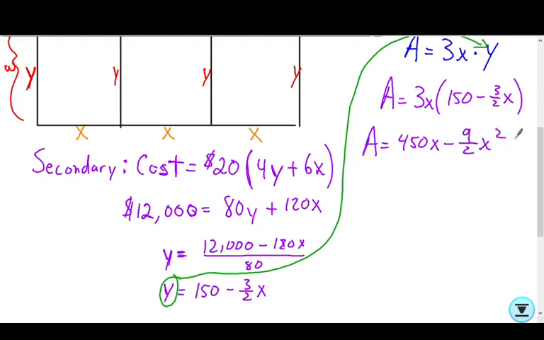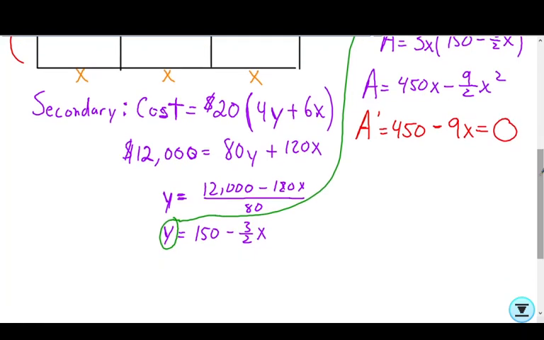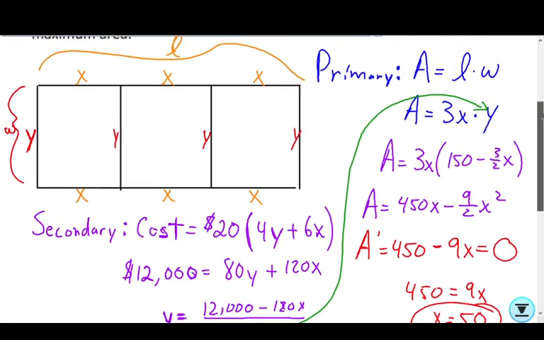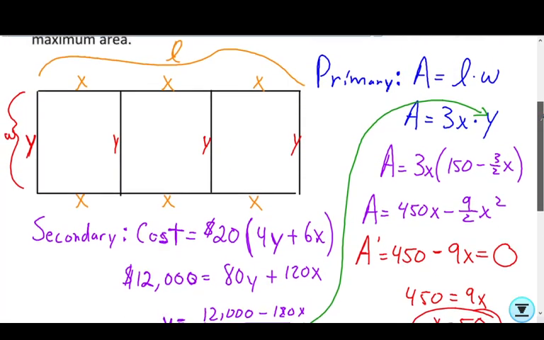If I skip that step, I'm going to lose some people. Now I take the derivative. A prime is 450 minus 9x. Set it equal to 0. So 450 equals 9x, which means x equals 50. That's one of my dimensions for my tennis courts.